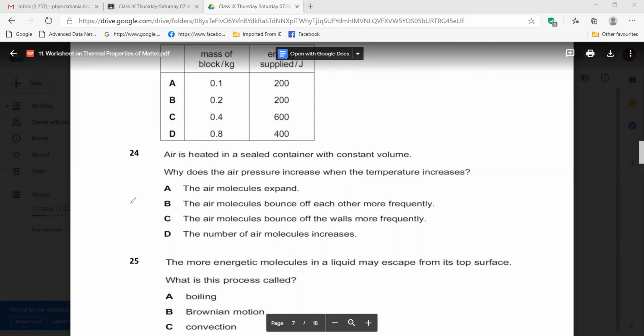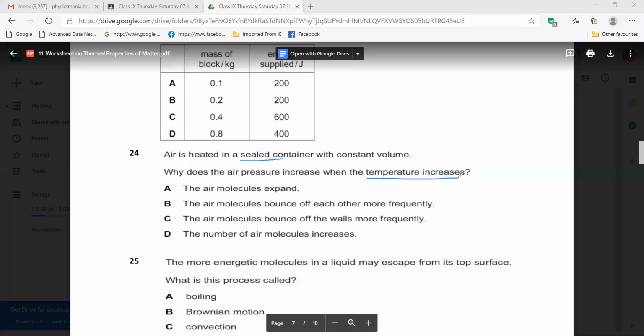Air is heated in a sealed container with constant volume. Why does the air pressure increase when the temperature increases? Constant volume means what? Sealed container. If it is a sealed container and the temperature increases, what will happen? The molecules are moving faster, right?